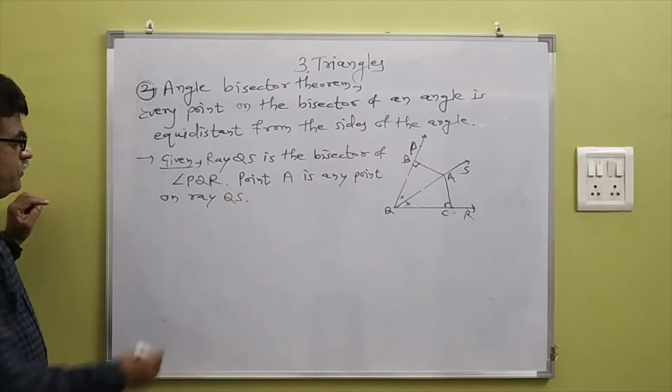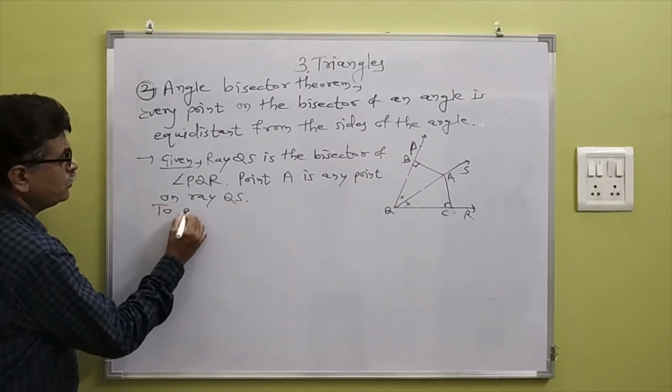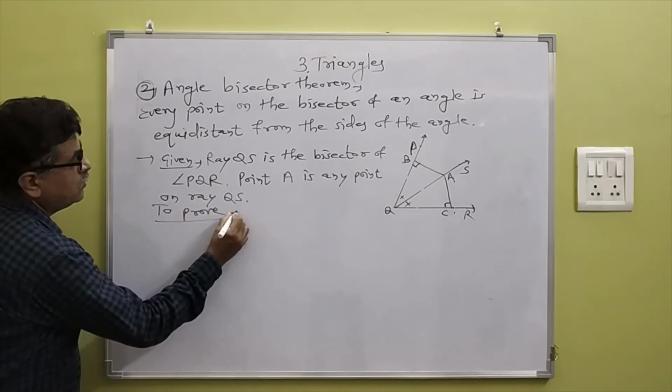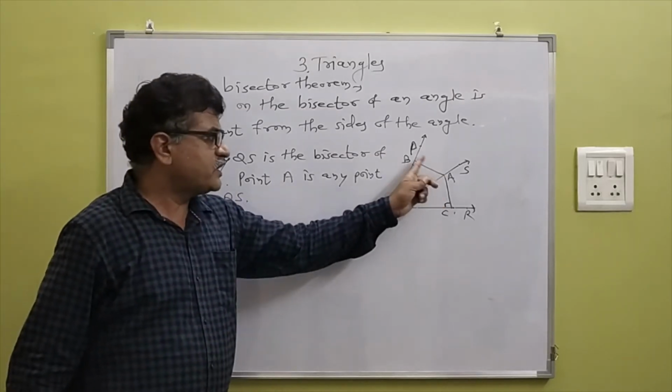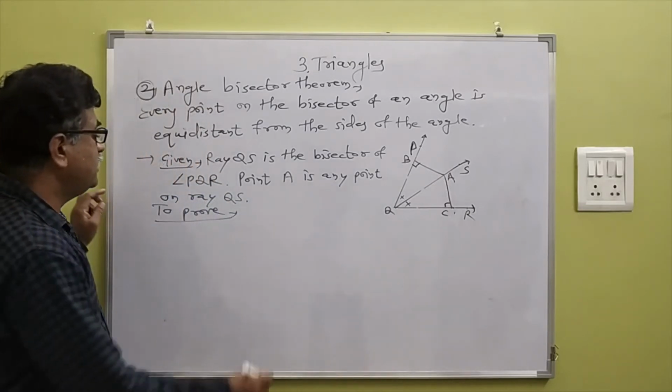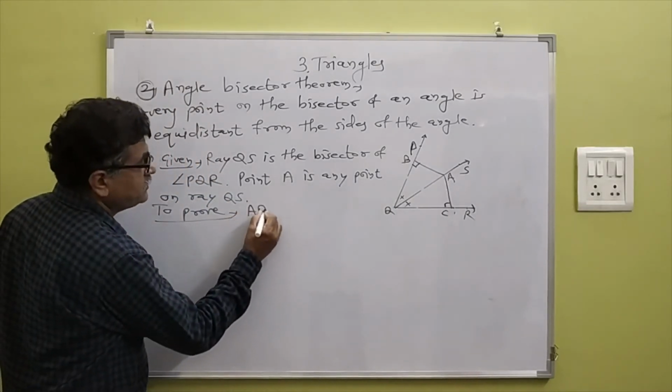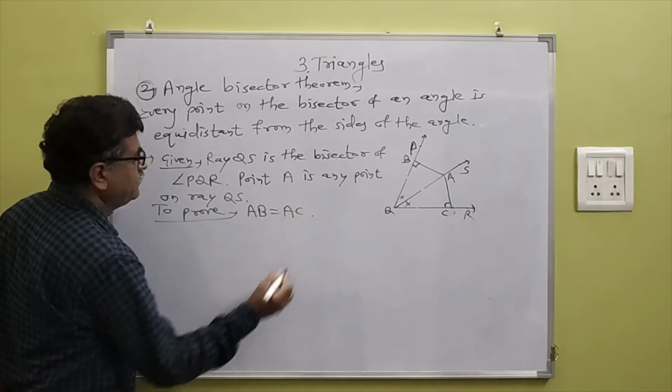This is given. To prove, we have to prove AB is equal to AC, that is equidistant. AB is equal to AC.